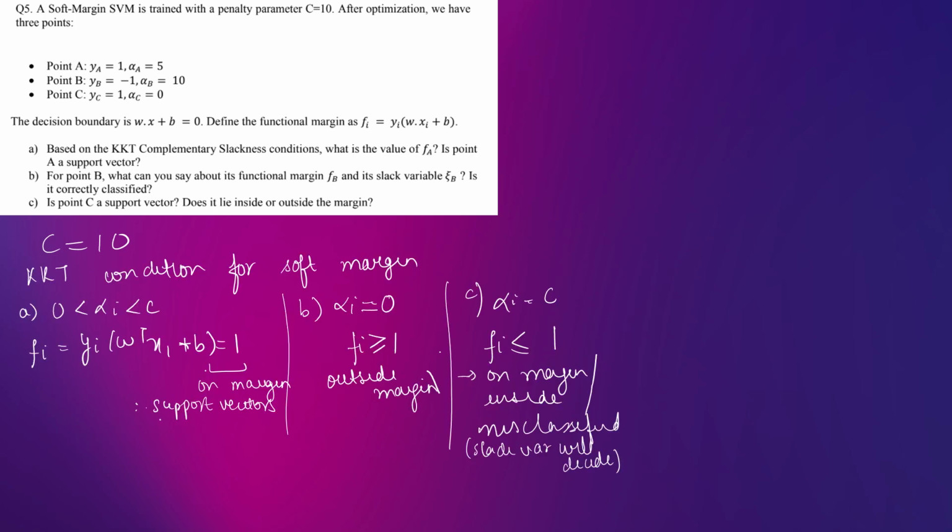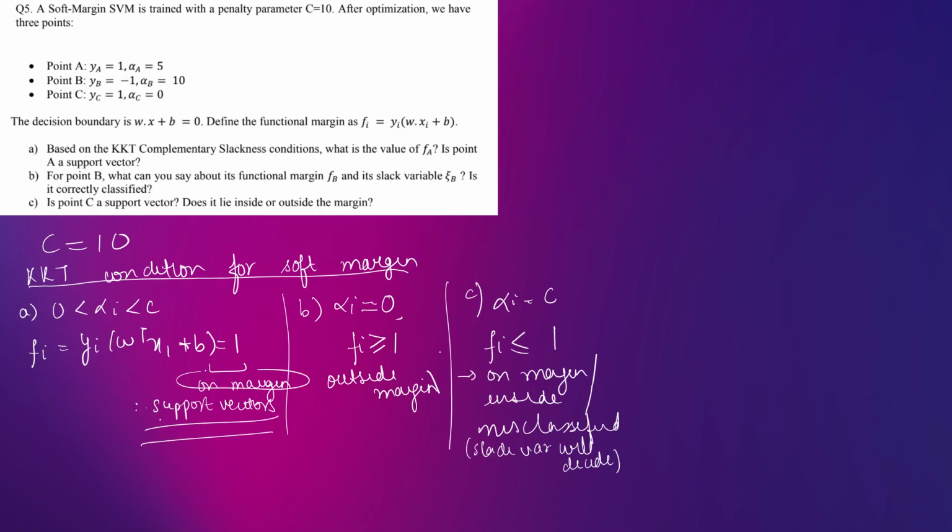Now, here we are talking about based on the KKT complementary slackness conditions. So this is basically your KKT condition for soft margin. When alpha is between 0 to C, you calculate the value of Fi as Yi into W transpose Xi plus B. If it comes out to be 1, it is on the margin and it is also a support vector.